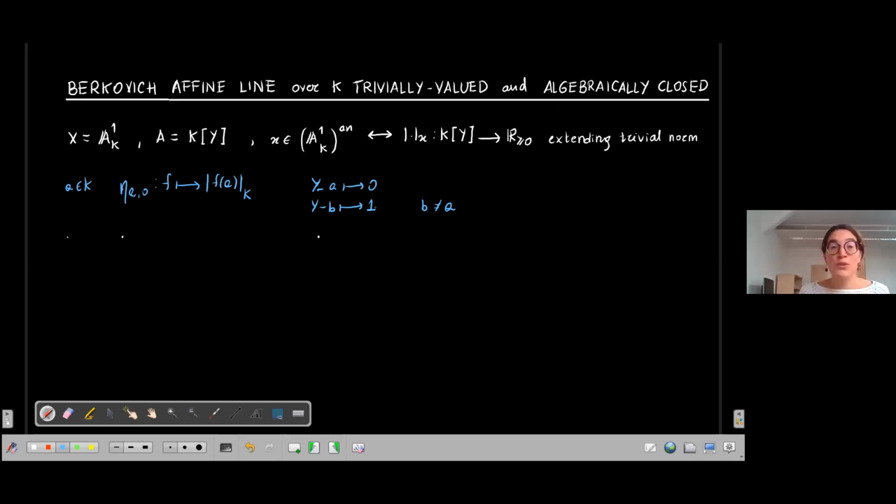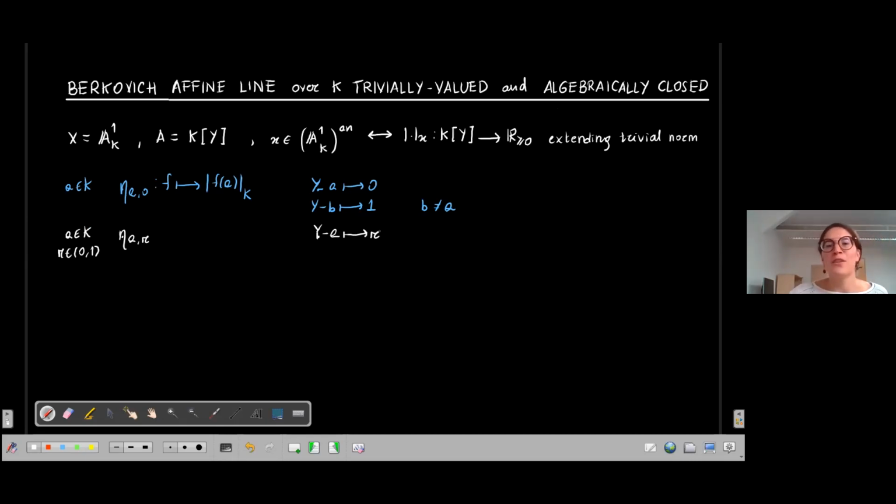But now let's try to construct other points. If we fix an element a in K, and we fix a real number R between 0 and 1, I want to define a semi-norm that I will denote eta_{a,R}, such that now our element y minus a is not sent to 0, but sent to R. Okay?